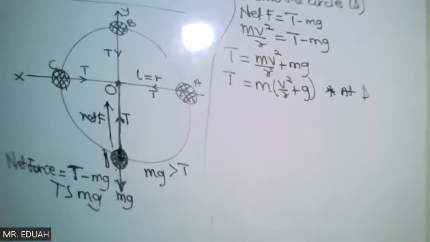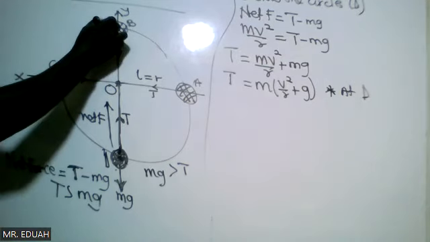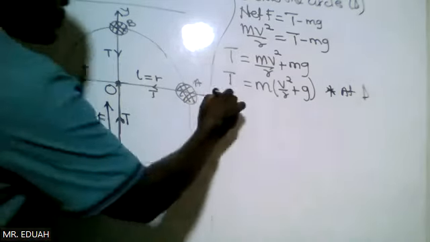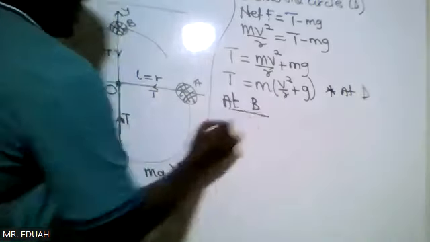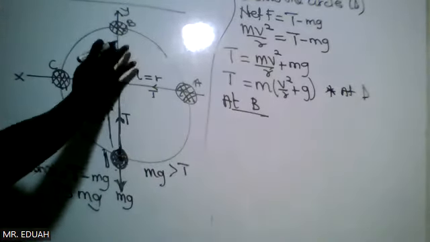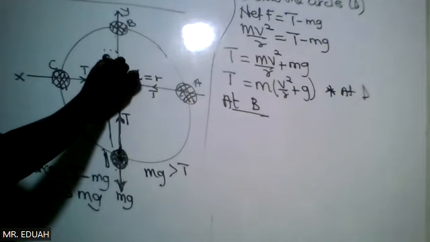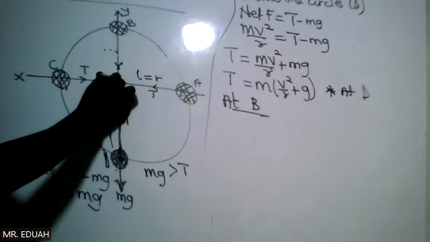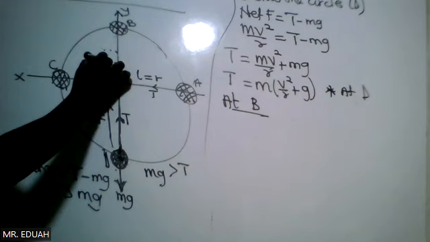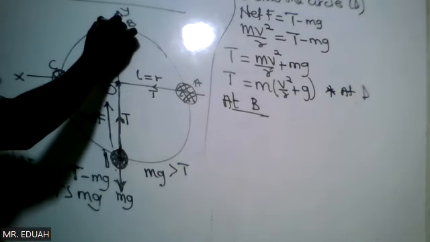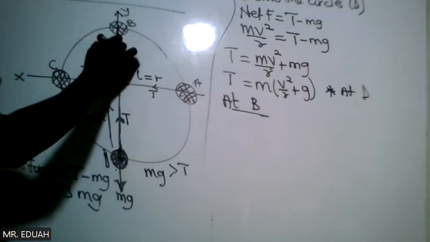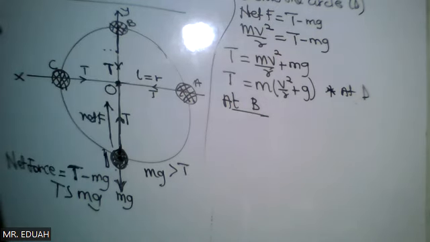Now let's look at what happens at B. At B, the tension is always directed towards the center, or where there is support. What will be the direction of the body's weight?